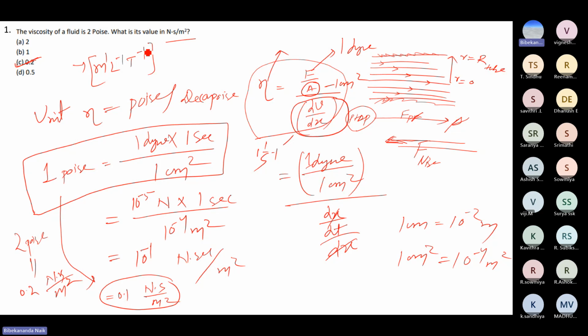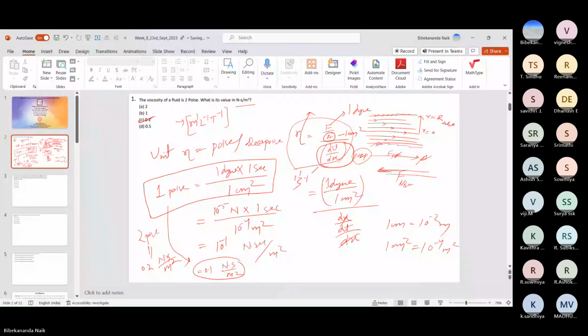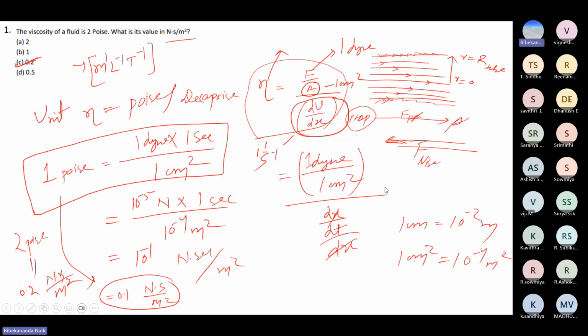Is this clear to all of you? Yes. Basically, in the question it was given, what will be the value of 2 poise in terms of Newton into second per meter square.